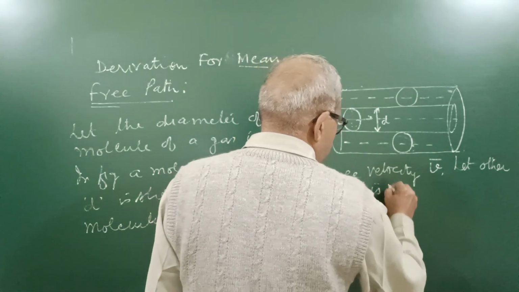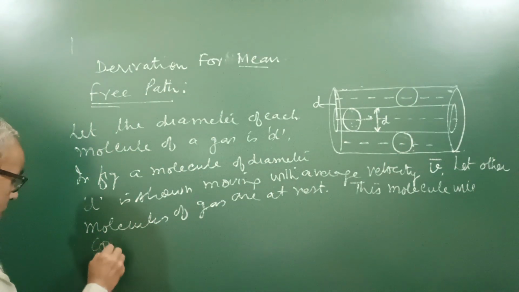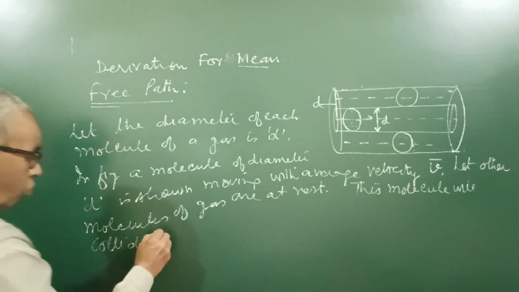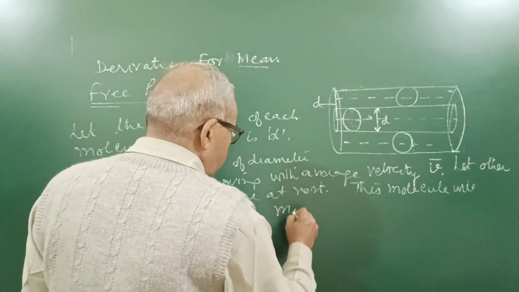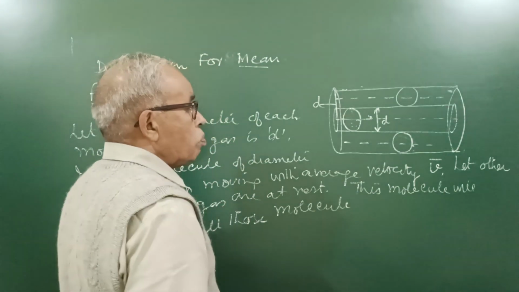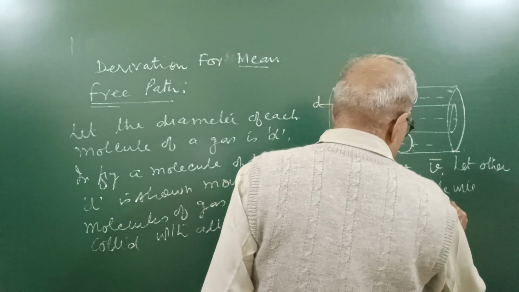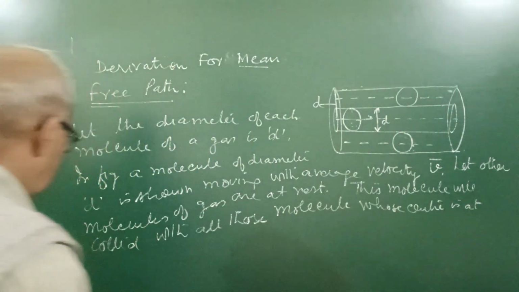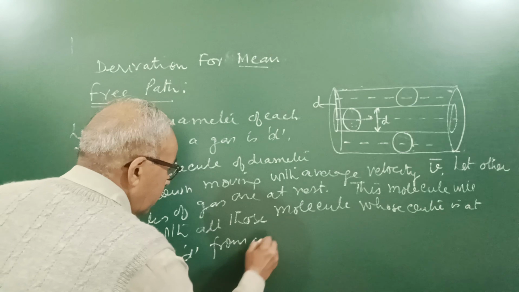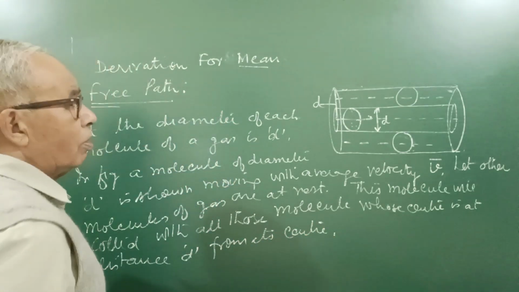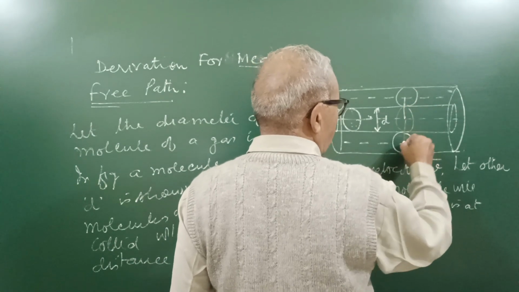This molecule will collide with all those molecules whose center is at distance d from its center. If this one comes here, then the distance will be d and this will also be d, so it will collide.